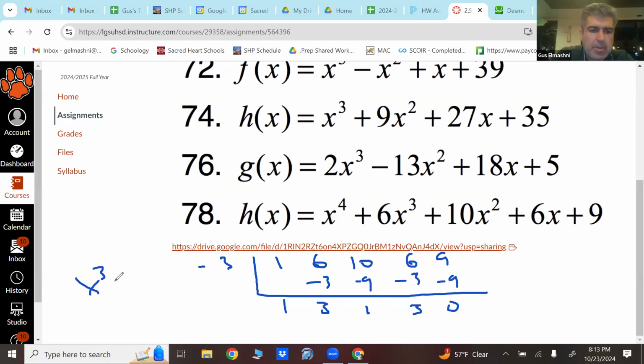So you have x cubed plus 3x squared plus x plus 3. You factor out x squared.